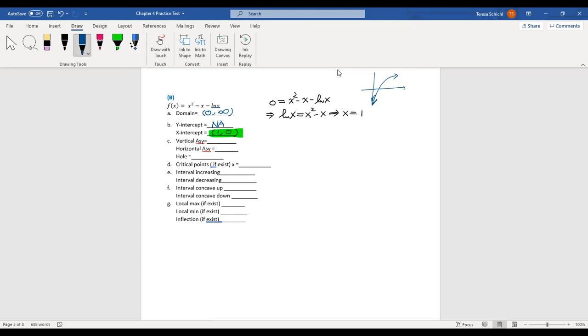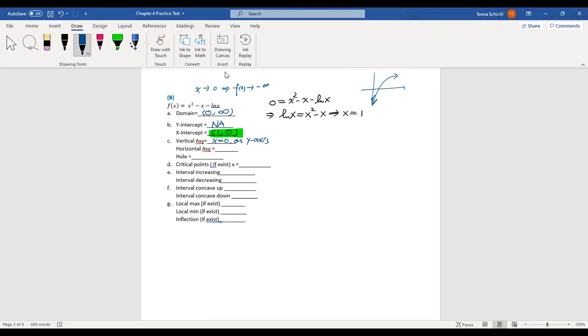So the vertical asymptote is when x approaches 0. What happens here? f of x approaches negative infinity, right? So I know the y-axis is the vertical asymptote. What is the vertical asymptote here? It is x equal to 0, or you can say it's the y-axis.